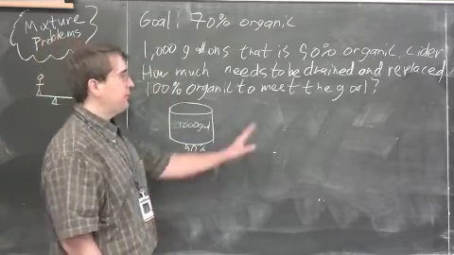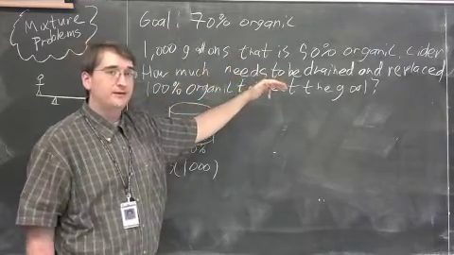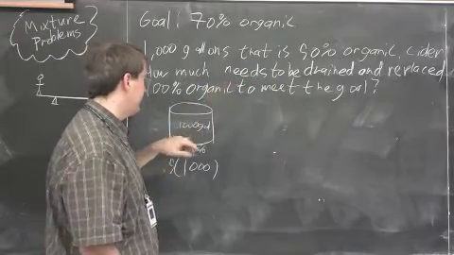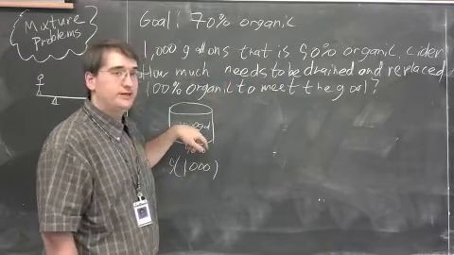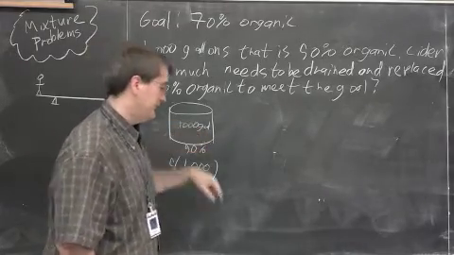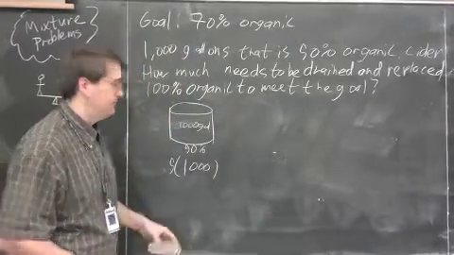Now, this is a little bit more tricky because what we're actually going to be doing is draining some of that and replacing it with 100% organic. So I'm not ultimately going to be keeping all of this 1,000 gallons. I'm going to be taking some of it away. How much? We don't know.